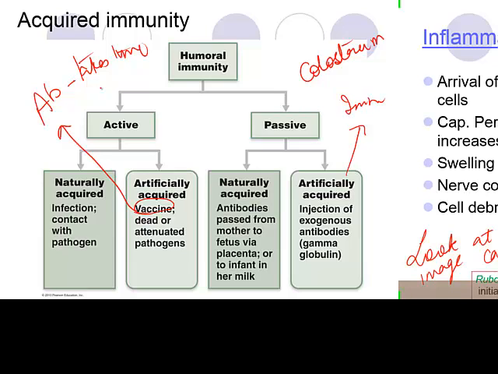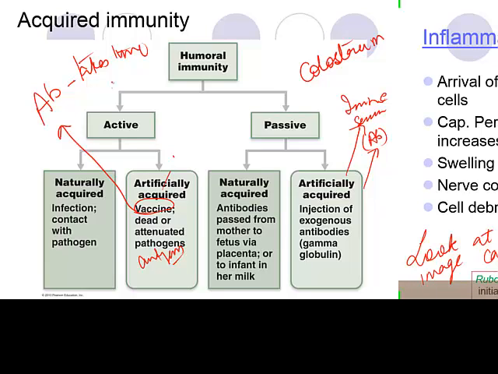In the vaccine, antigens are present. In passive artificial, you're giving them immune serum which has antibodies in it. So you're giving the person ready-made antibodies. Here you're giving them antigen, hoping that the immune system will be provoked and they will form antibodies.